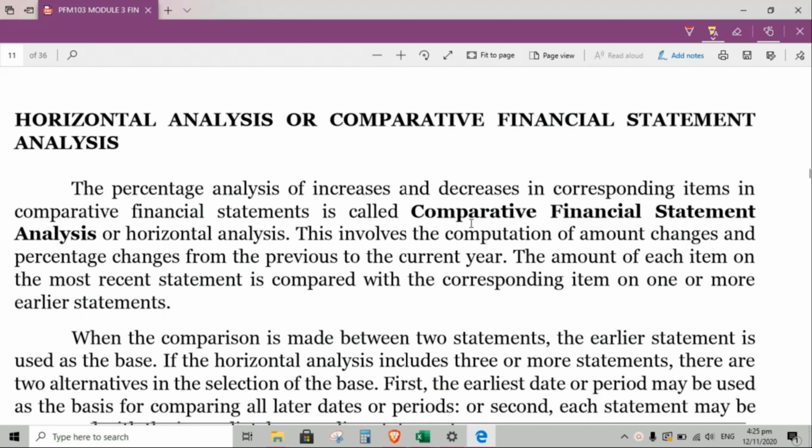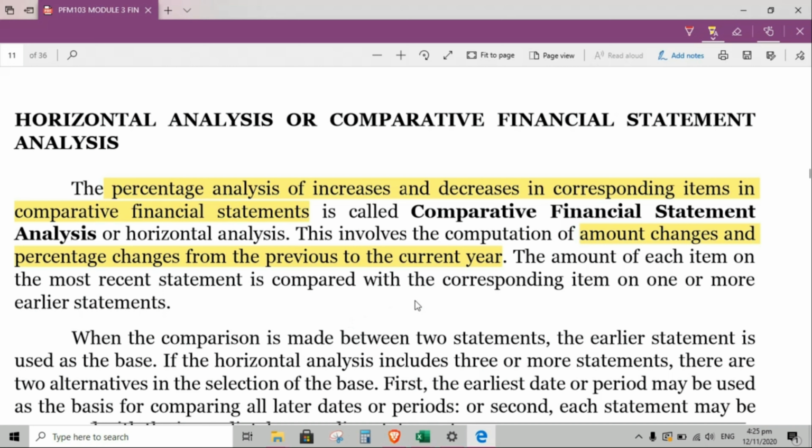Dito natin inaalam yung percentage analysis of increase and decrease in corresponding items in each financial statements. Anong kinocompute natin dito? Kinocompute natin yung amount changes and percentage changes from the previous to the current year.